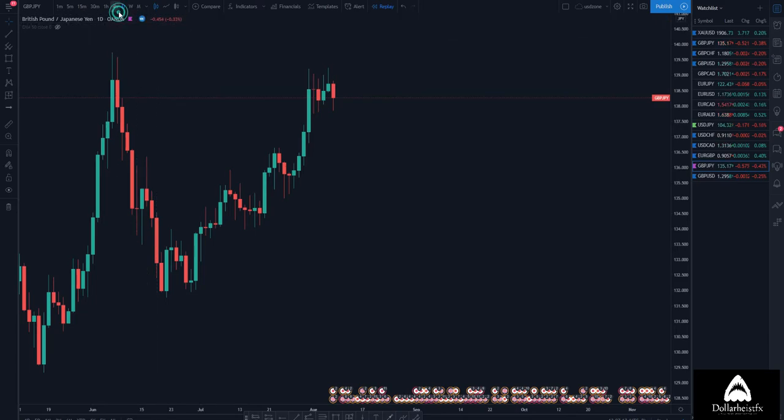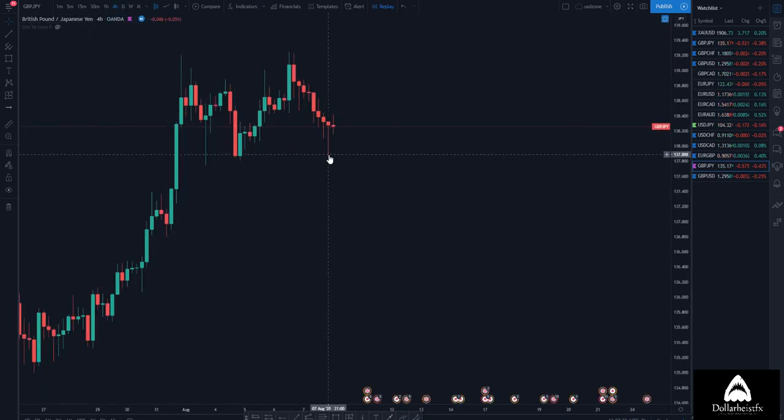As for the H4, it is basically 4 hours. This one candle represents 4 hours. This one candle is formed at 1 a.m. or 1 p.m., depending on where you live.